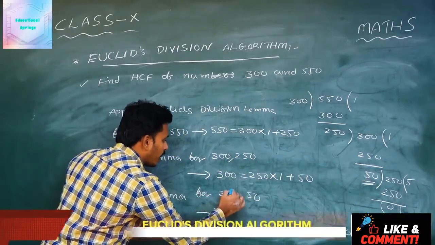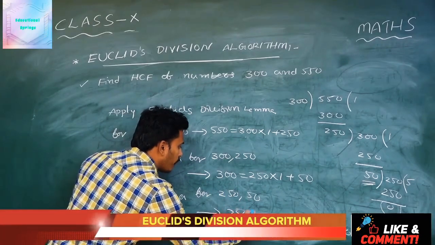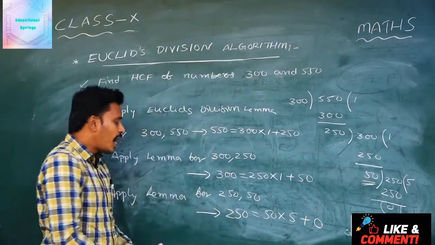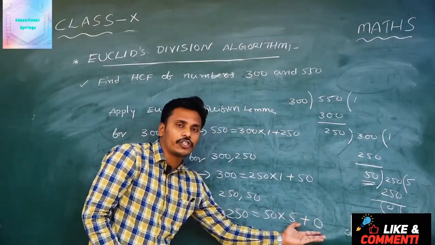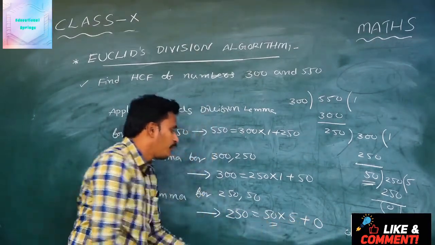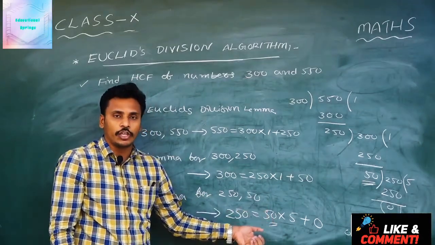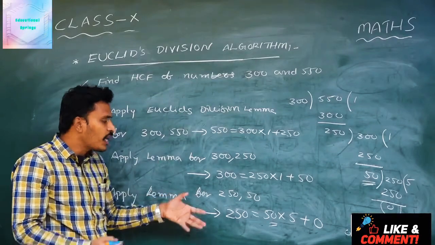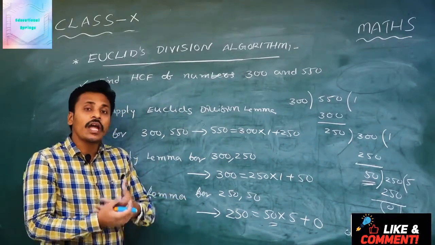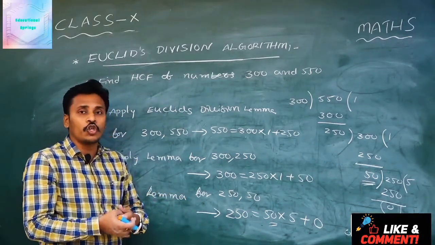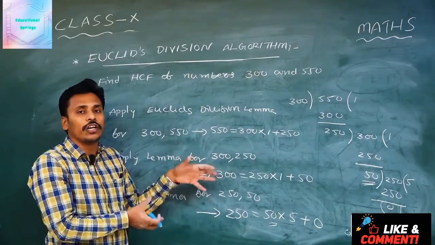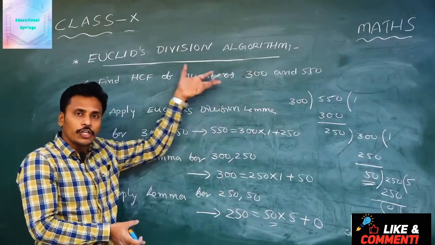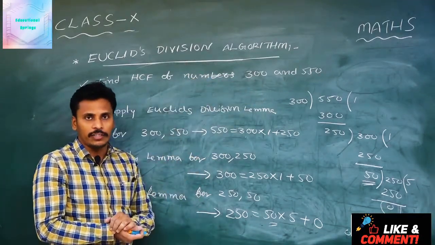If you apply it, it becomes 250 is equal to 50 into 5 plus 0. In this case, since the remainder is 0, the divisor of this case, 50, is declared as the HCF by Euclid's division algorithm. This step-by-step procedure is Euclid's division algorithm, and the logic behind this algorithm is Euclid's division lemma. And this is the way to find the HCF of two numbers using Euclid's division algorithm.